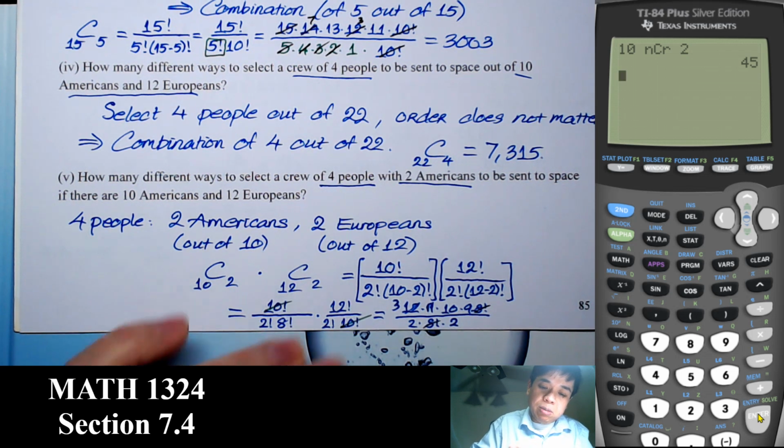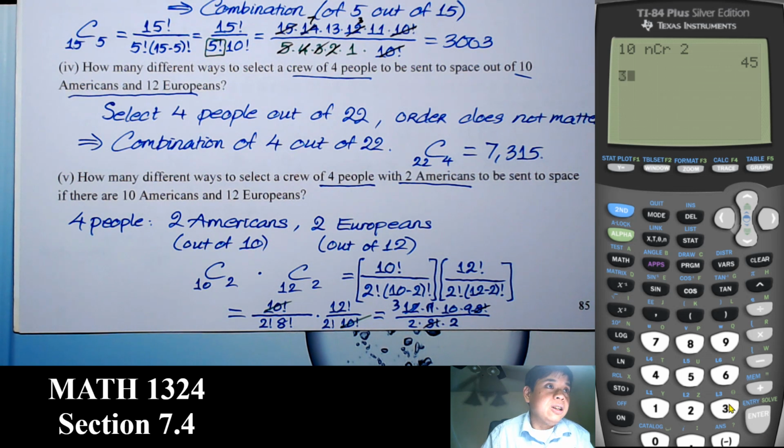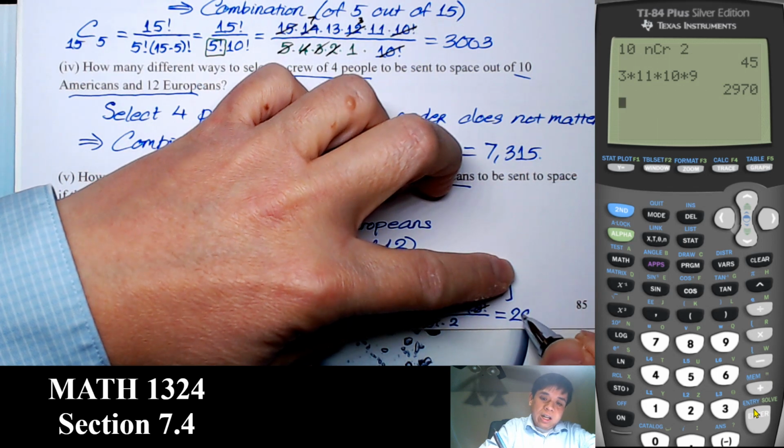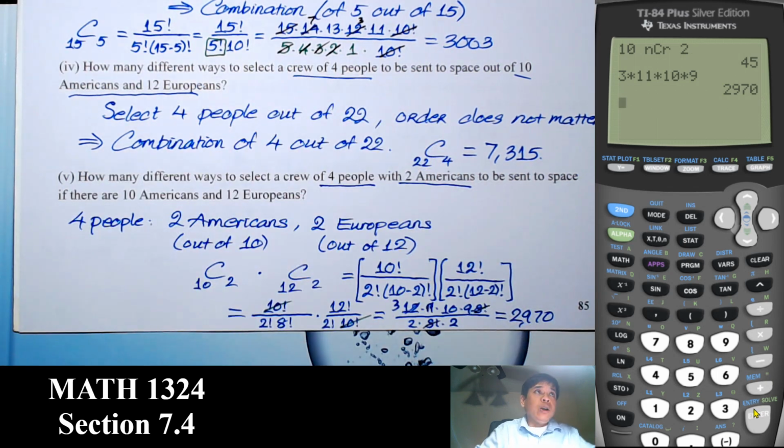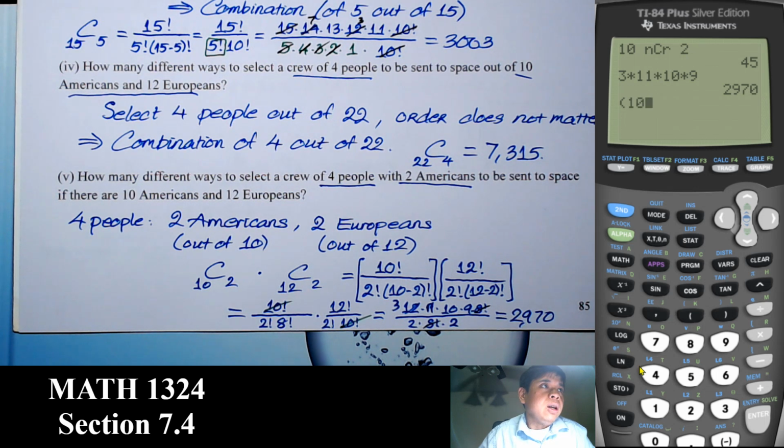So we have 3 times 11 times 10 times 9, which is 2970.